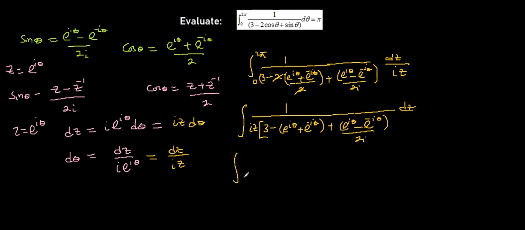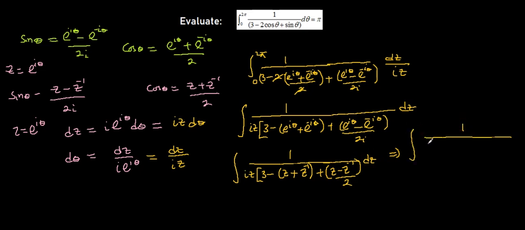So this is the integral of 1 divided by iz into 3 minus, remember, this is equal to z and this is z inverse, plus z minus z inverse over 2i.